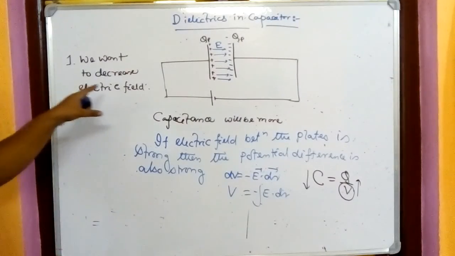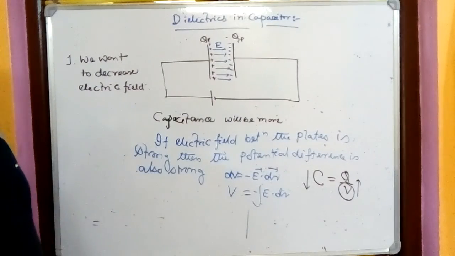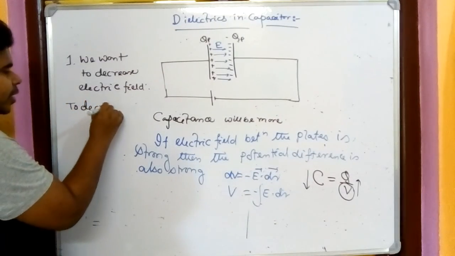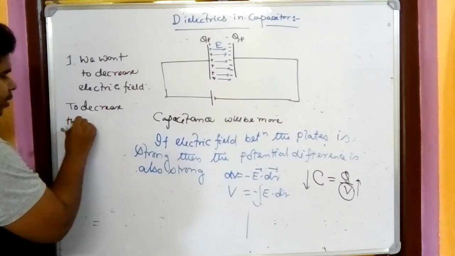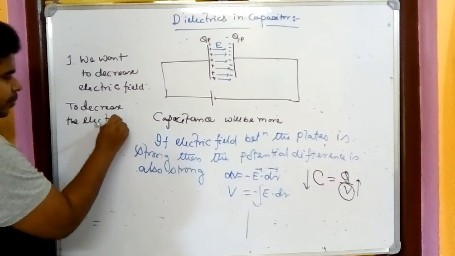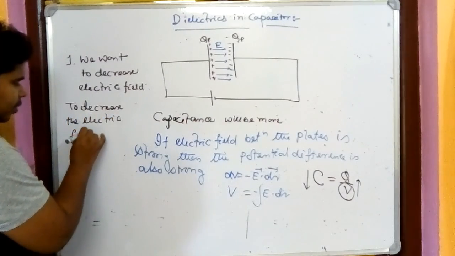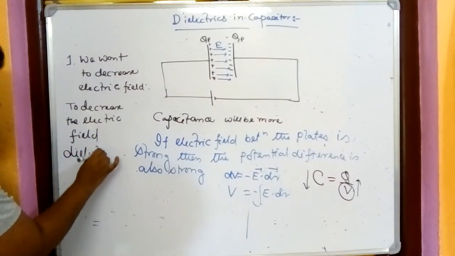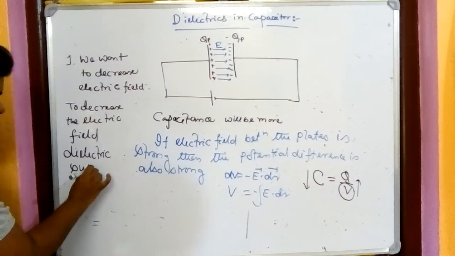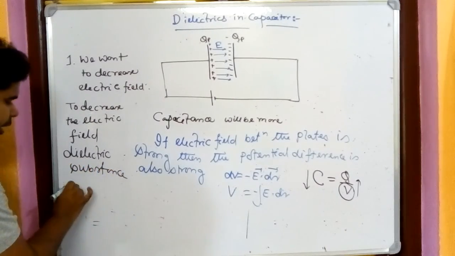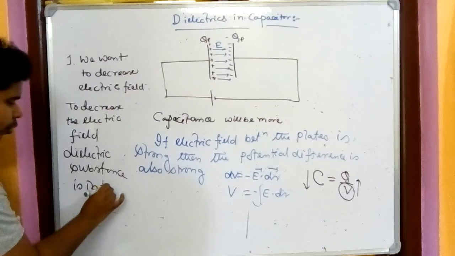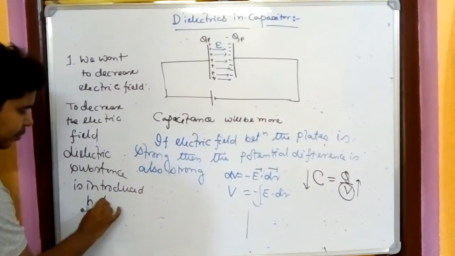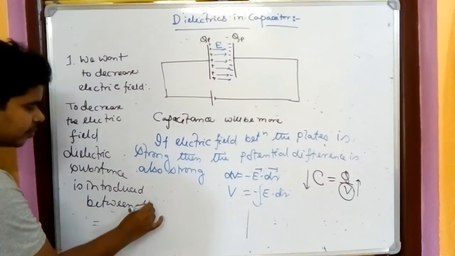So how will the electric field be decreased? To decrease the electric field, a dielectric substance is introduced between the plates.